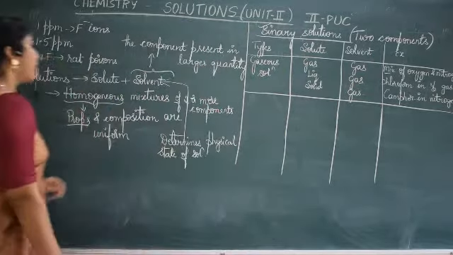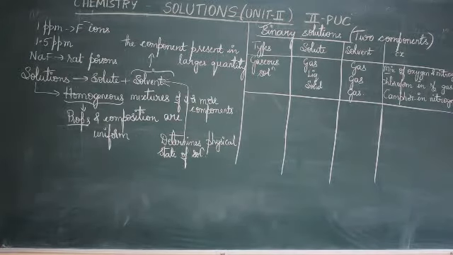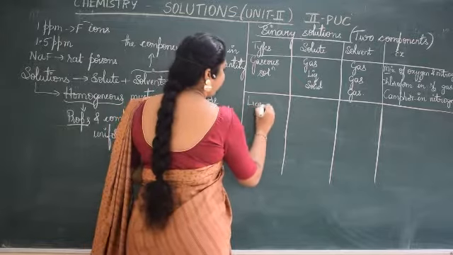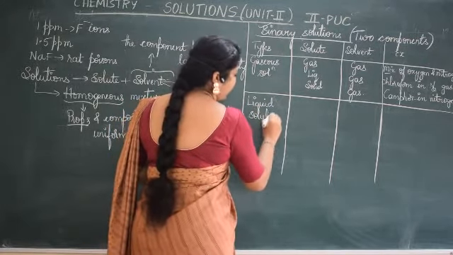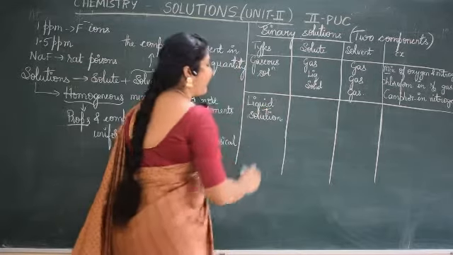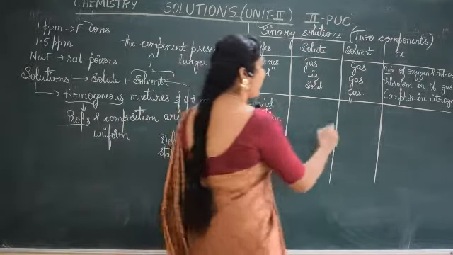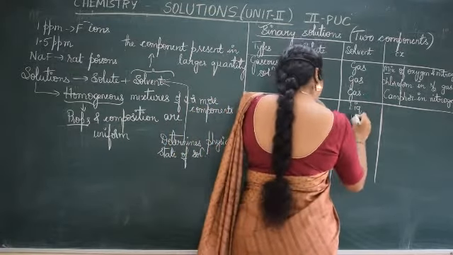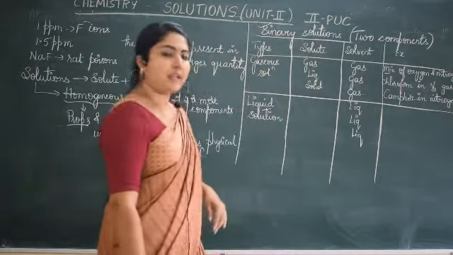The next type of solution which we study is liquid solution. If we have to call it liquid solution, then the solvent part must be liquid only. The one which is present in large quantity must be liquid.